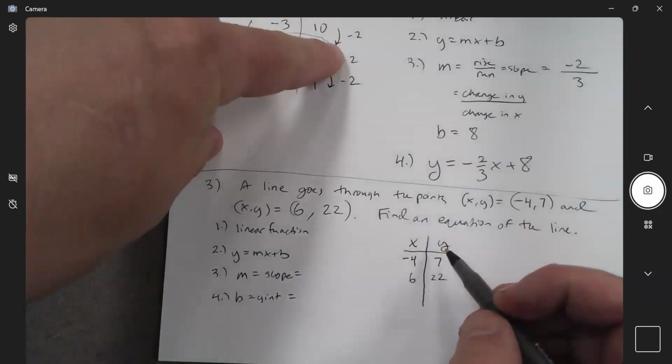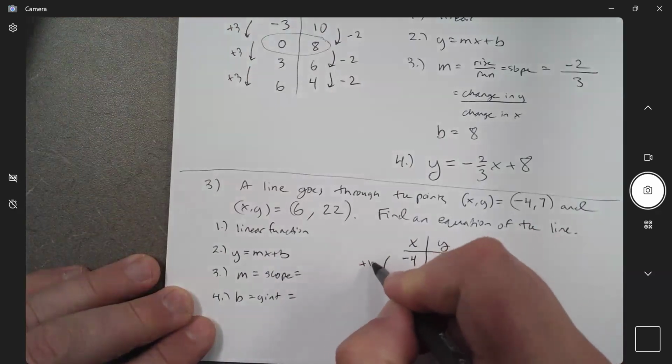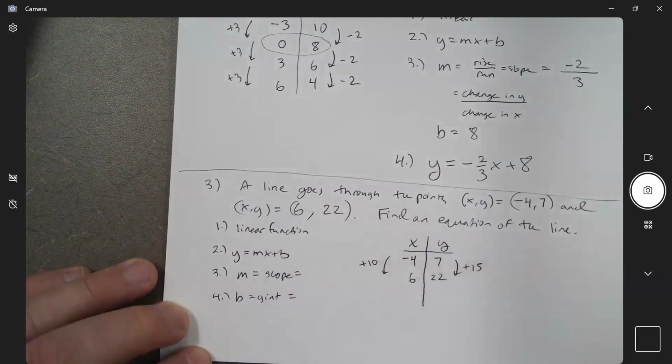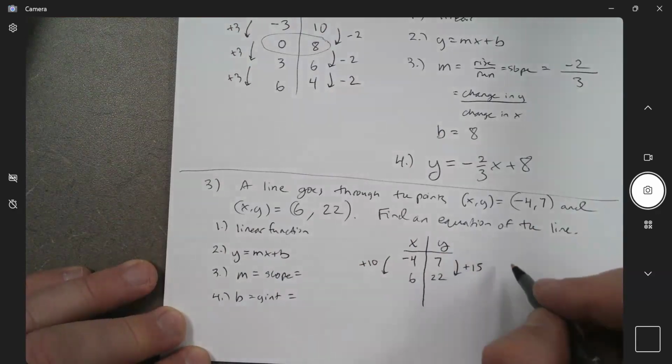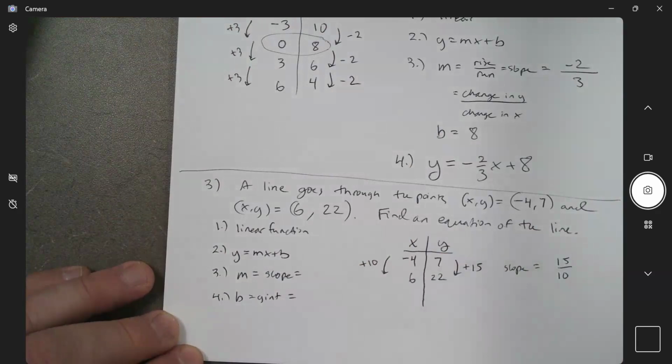How much does x change? How much does y change? X changes by going up 10. Y changes by going up 15. So the slope is the change in y over the change in x, 15 over 10.